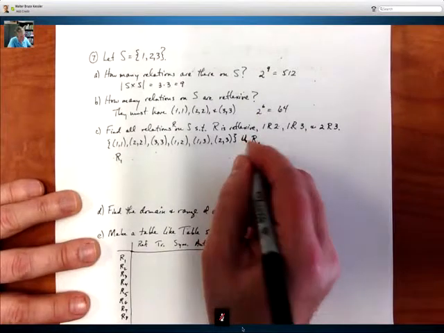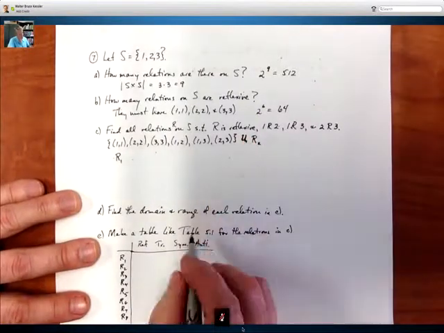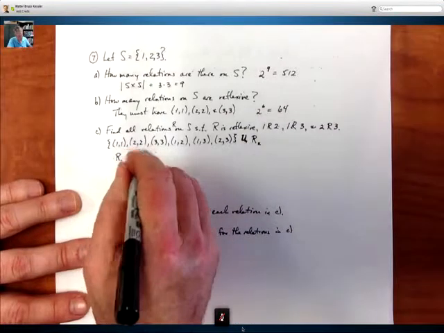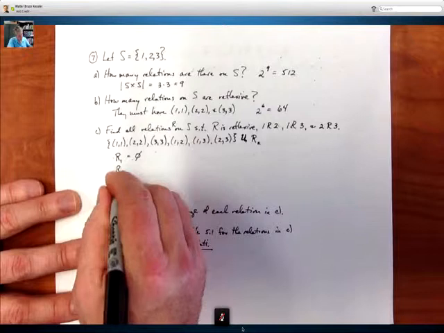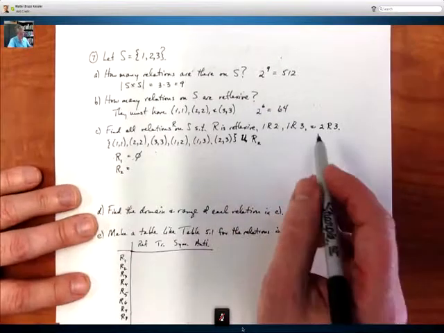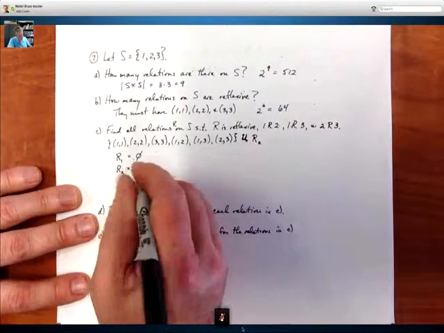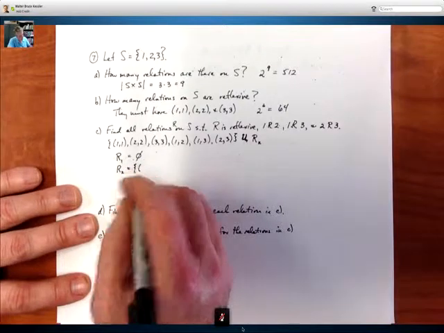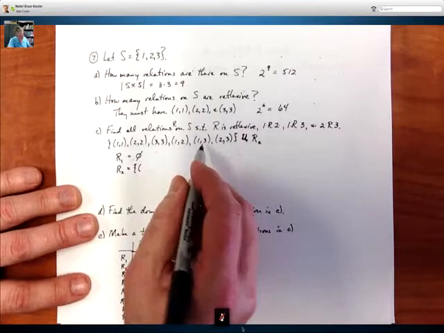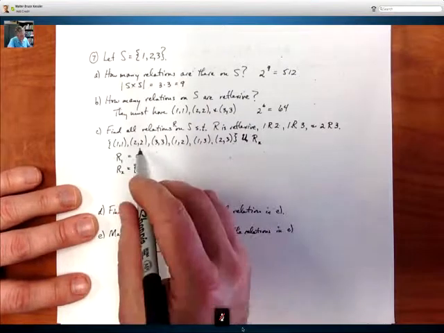So we're unioning. The union. We could union with R1, which is just the empty set, or we could do all the single things left over: 1,1; 1,2; 1,3.